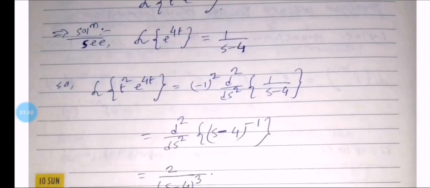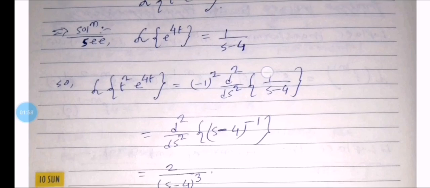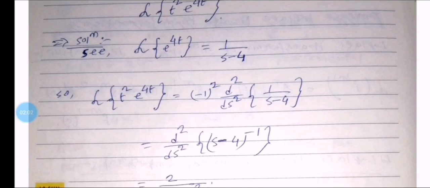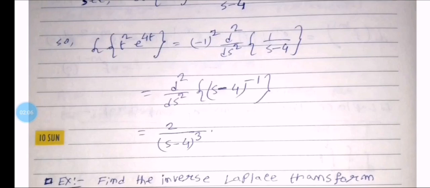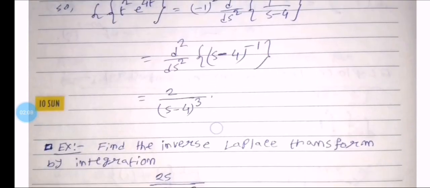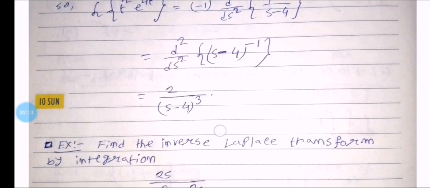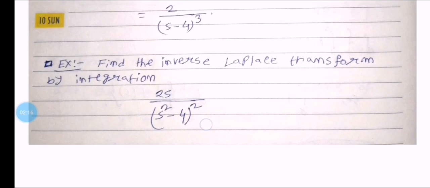So t square e to the power 4t is nothing but minus 1 to the power 2, the second order derivative with respect to s, that is d2 by ds2 of 1 by s minus 4, which is the Laplace transform of e to the power 4t. So calculating, after two derivatives we will finally get 2 by s minus 4 whole cube.